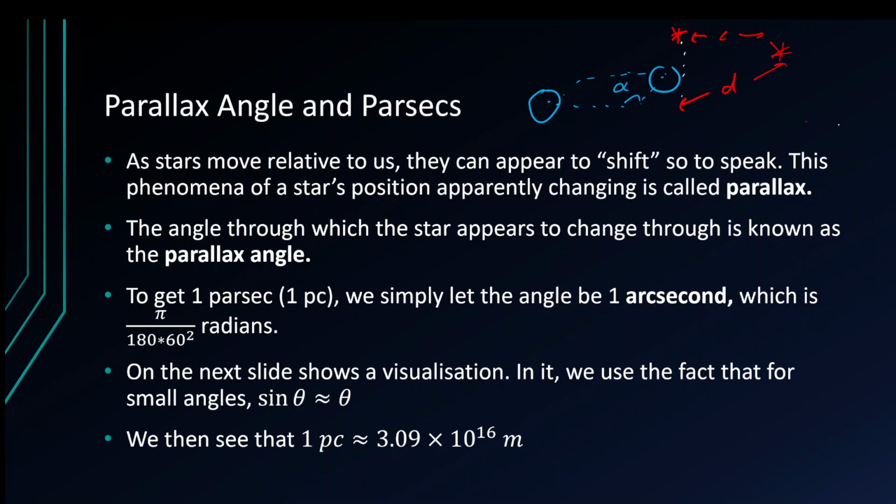So if we make sort of this triangle, the angle formed by here, this angle theta, we can use that to find the rough distance between the Earth and the subsequent star.